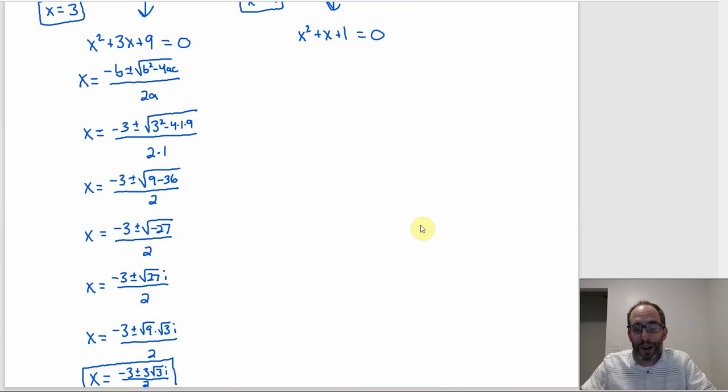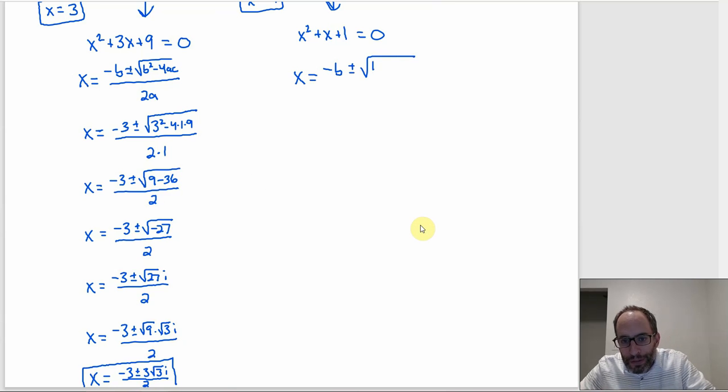All right, I would use the quadratic formula on this one as well. So let's see. If we're going to do that, we'll have negative b plus or minus square root of b squared minus 4ac all over 2a. All right, so then a, b, and c are all 1, right? So lots of 1s in this. Negative 1 plus or minus the square root of 1 squared minus 4 times 1 times 1, and then that's all over 2 times 1.